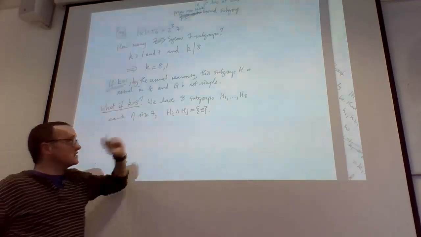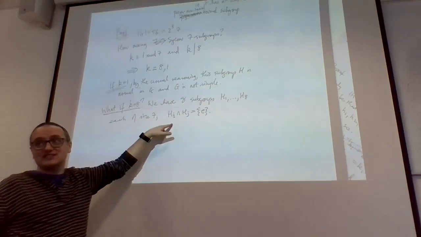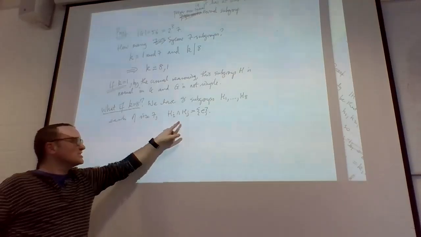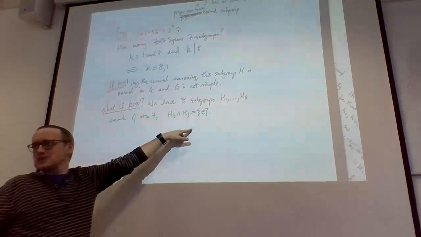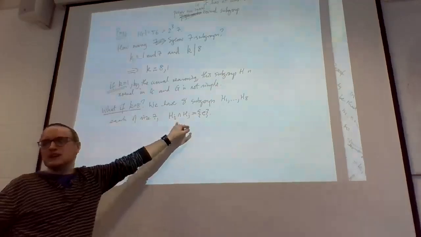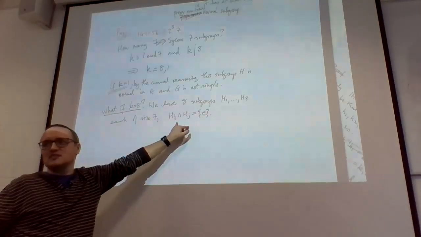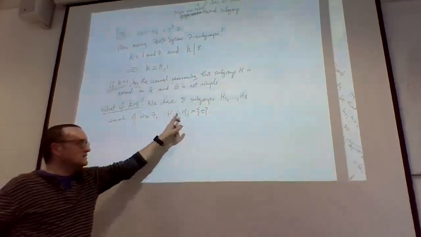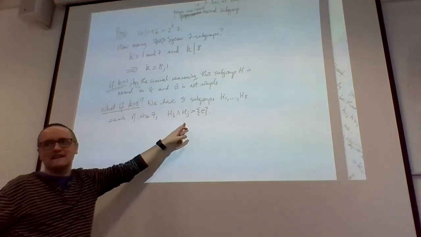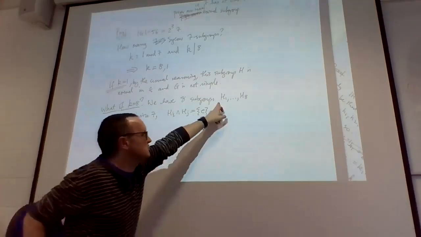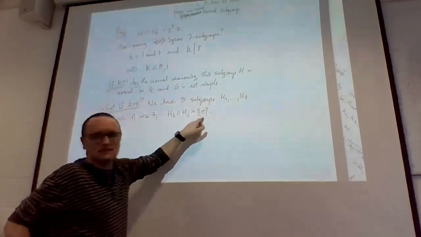So if X is order 7 and it's in HI, that means HI is generated by X. But it's also in HJ, so HJ would be generated by X. So HI would equal HJ. But these are two different ones. So if you take any two of these groups, they only intersect in the identity.